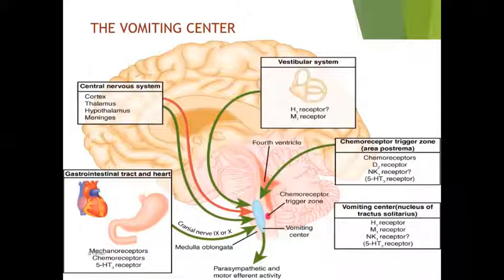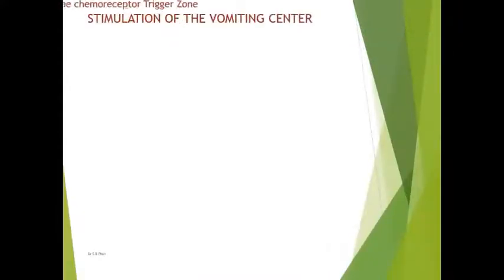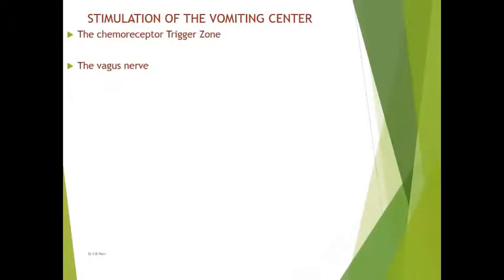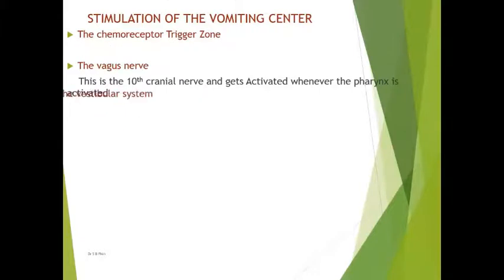So once the receptors are stimulated, the vomiting reflex will be triggered via the parasympathetic motor efferent activity that is going to increase. And then certain muscles will start contracting, other muscles relaxing, that will bring about the actual vomiting.